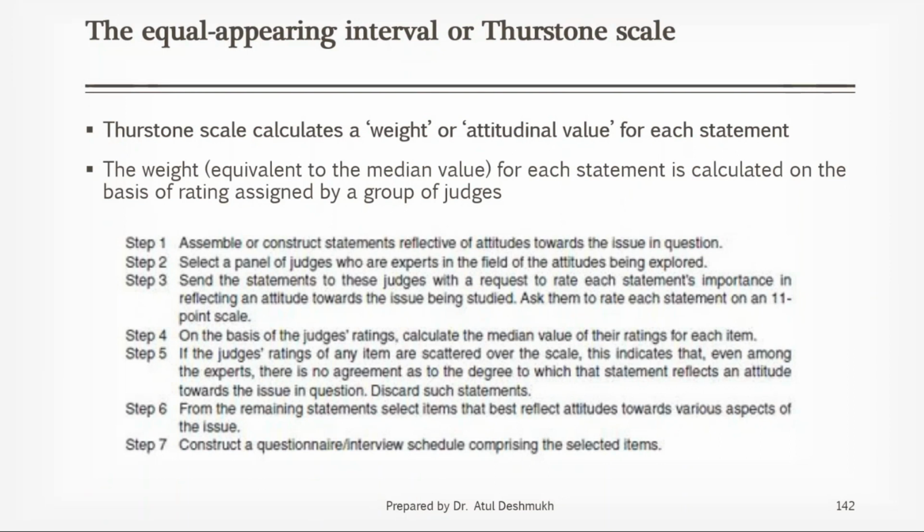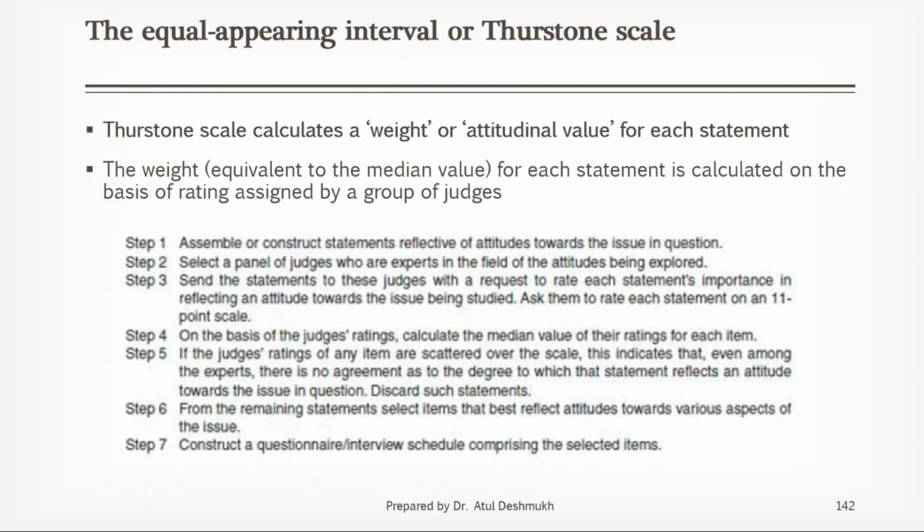Marks should be like 5, 6, 7, 8, 9, 10. Means you can keep that question. If the rating of judges is concentrated in a particular zone, whether it is positive zone, neutral zone, or negative zone, it doesn't matter. But they should have a similar opinion about that particular statement. If the opinion is spread all over the scale, we have a 1 to 11-point scale, then you have to remove that statement.